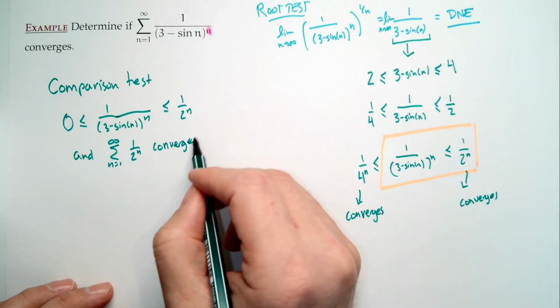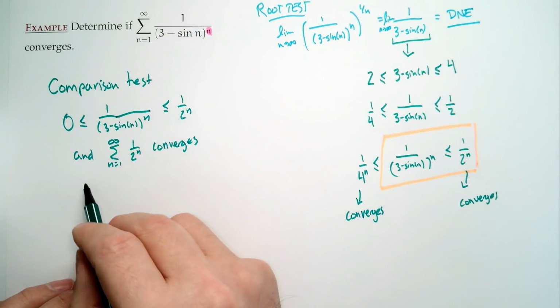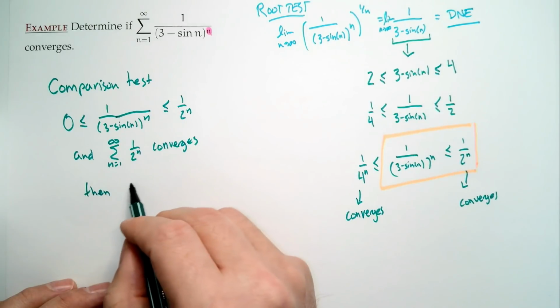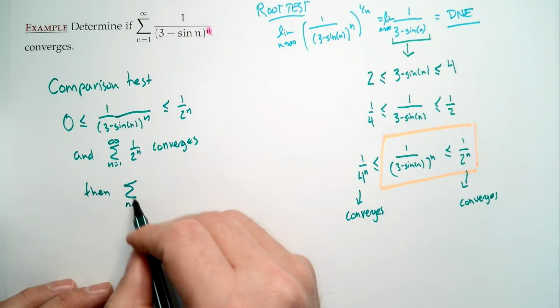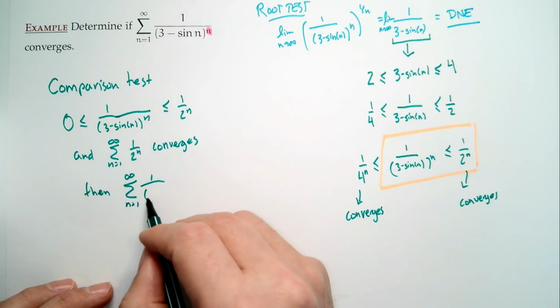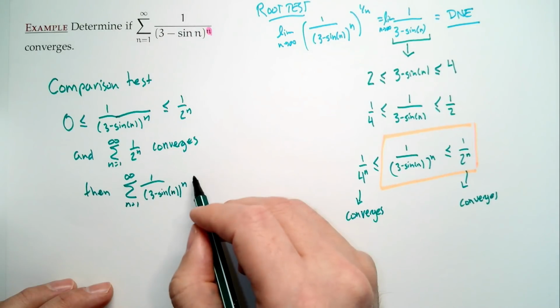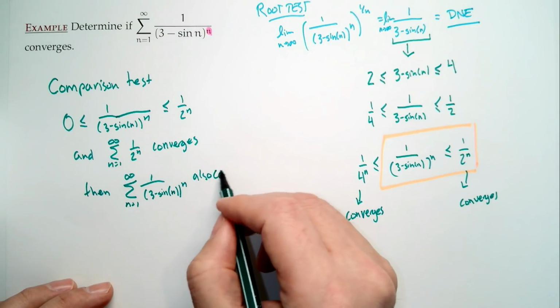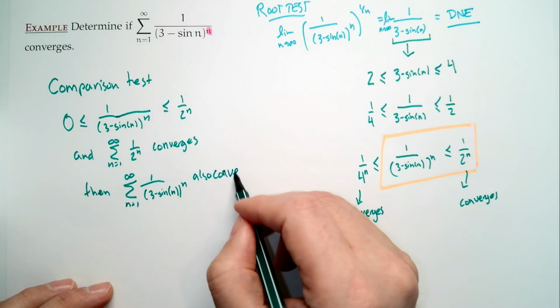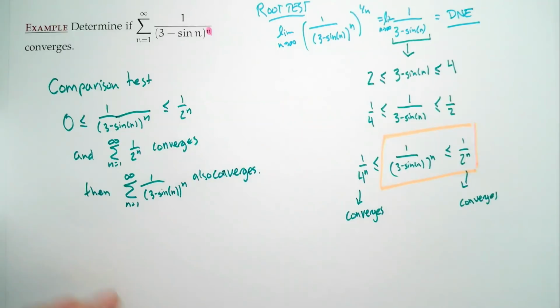We know when geometric sums converge. Then our conclusion is the original sum of (1/3 minus sine of n) to the n also converges. So yes, that converges. Good.